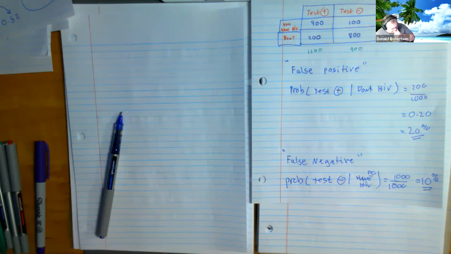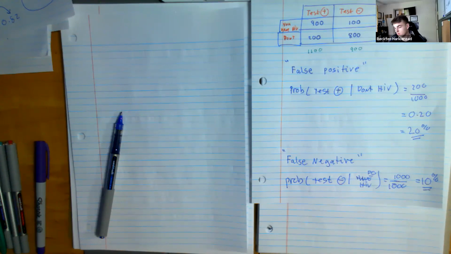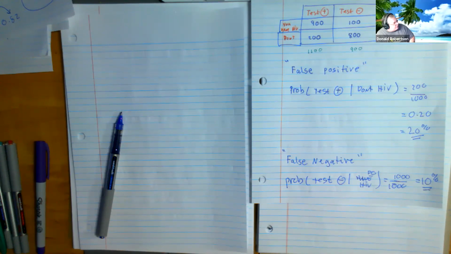Because think about it. If it's you, hopefully it never will be, but if it was you, if you tested negative, a couple of consequences. Isn't the first one you don't go for treatment because you didn't think you had it? So won't the disease get worse, whatever that disease is, right?